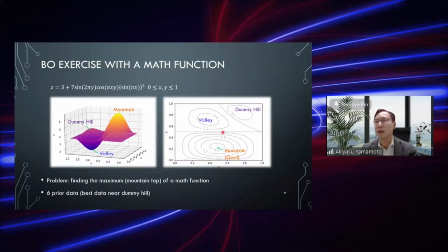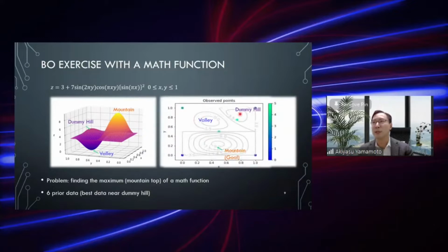And on the right-hand side, this figure shows the contour line of Z. And we gave these 6 prior information as the points you can see here. In this case, we did not give the prior information on the mountain, but on the local dummy hill, so that BO could easily fall into the wrong local maximum.